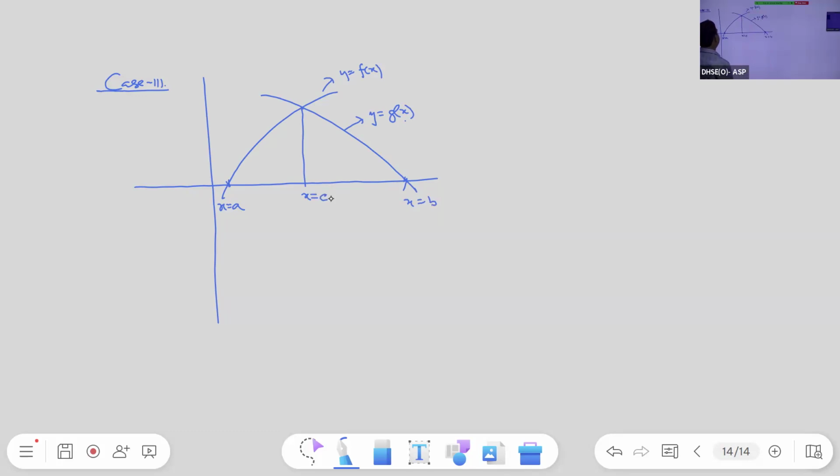Then the area bounded by f of x, g of x, and x-axis is this area plus this area.